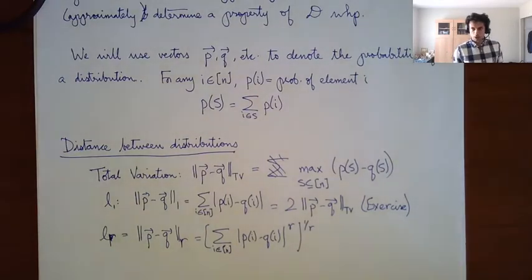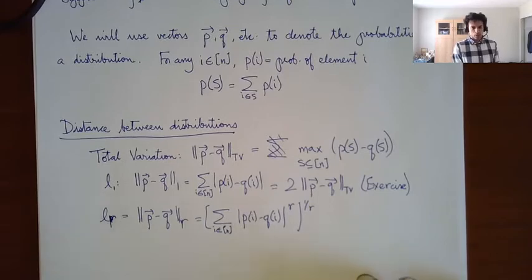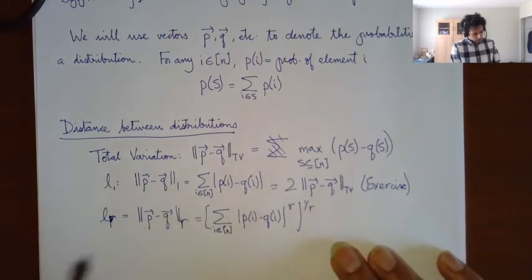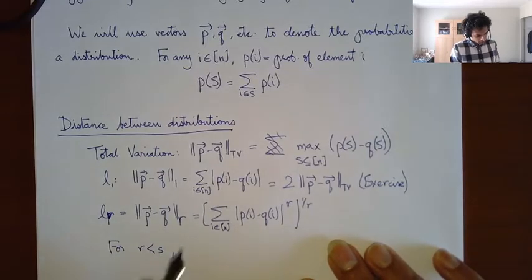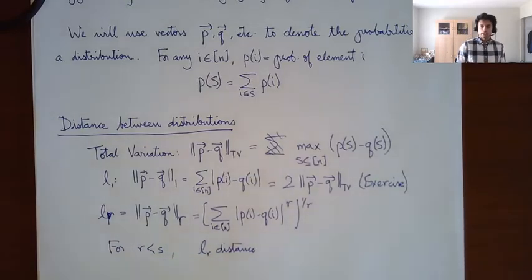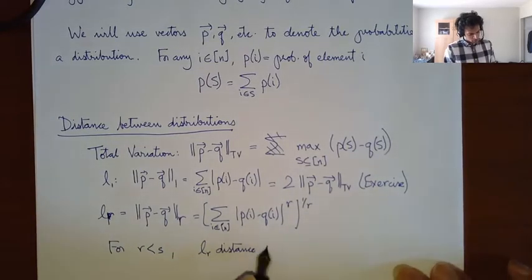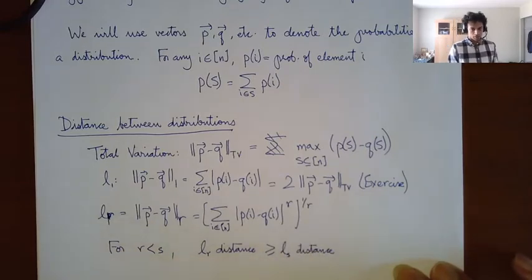It's not exactly a norm, and there are other notions of distance one can use, and often the relationships between these distances form a fundamental part of the analysis in distribution testing. But for now, what is going to be important for us is that for R less than S, we get that the LR distance is going to be at least the LS distance.